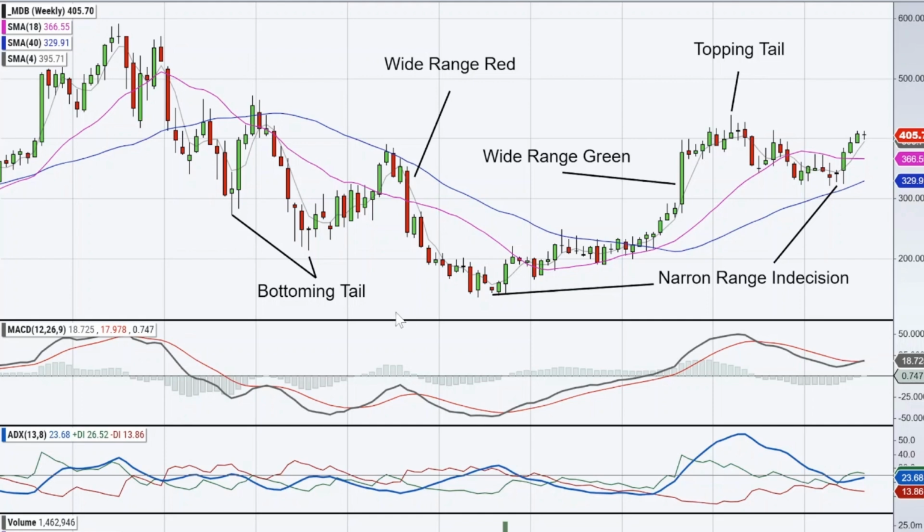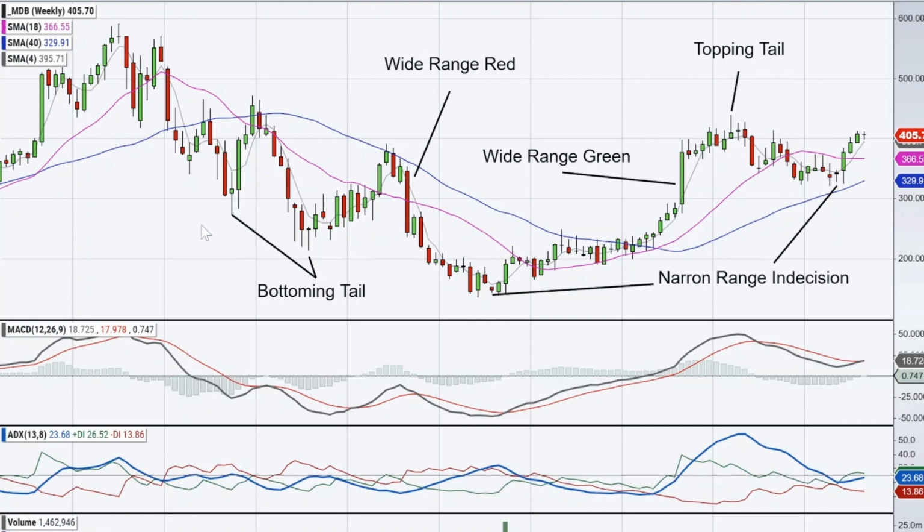So let's just start with the bottoming tails. I got 2 over here on the left, and essentially that is where we leave sellers behind. We get a move to the downside, and we push off the low to the point where we leave a tail, a decent sized tail.